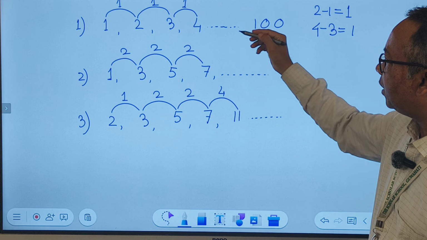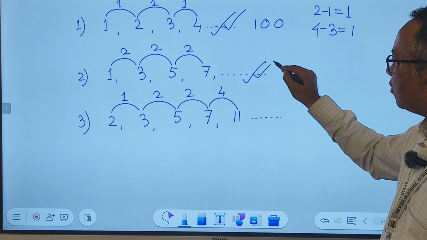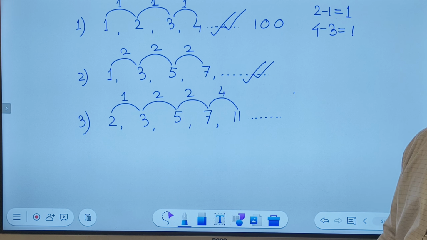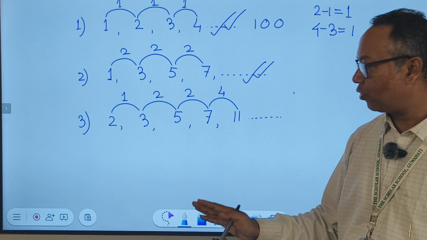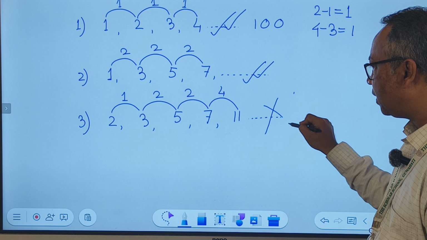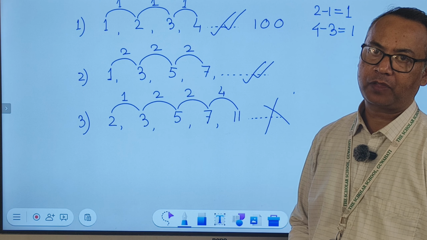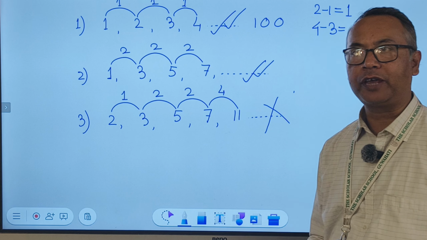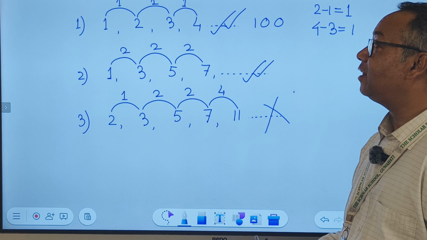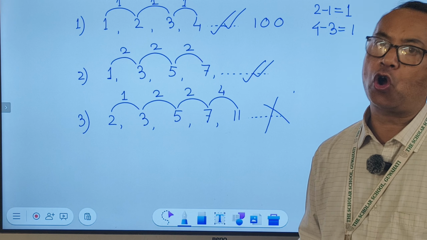So these two arrangements of numbers are called arithmetic progression, but this particular arrangement is not in arithmetic progression. Okay, understood? This is how we can verify whether the given sequence of numbers is in arithmetic progression or not.